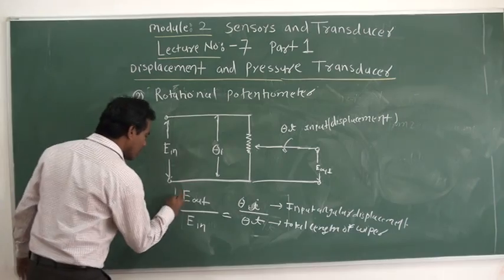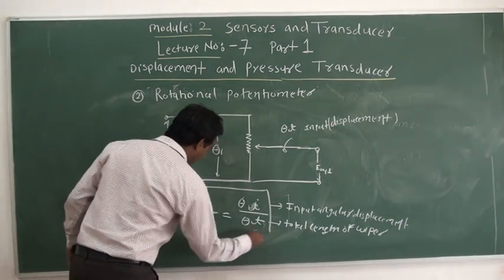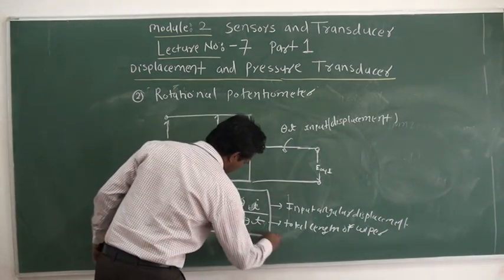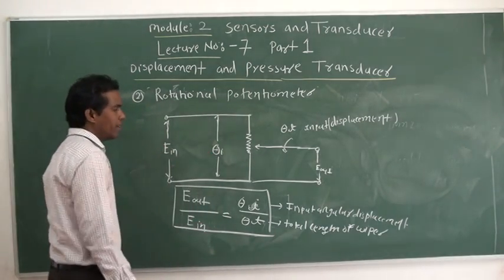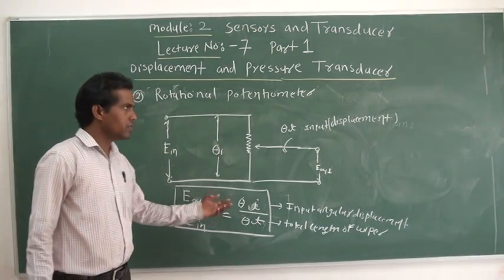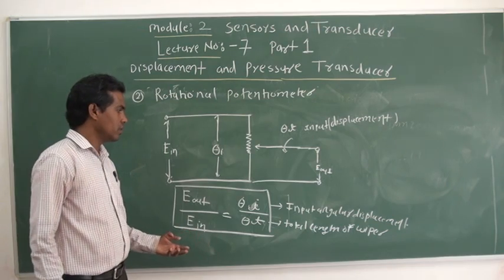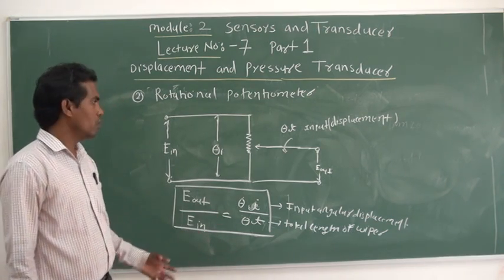So this is the relation for the rotational transducer in terms of input and output voltage, between the angular displacement of the input and the total length of the wiper.